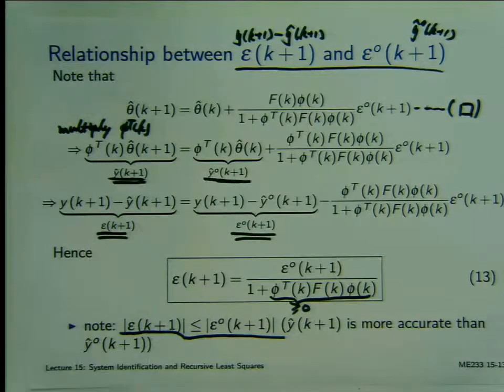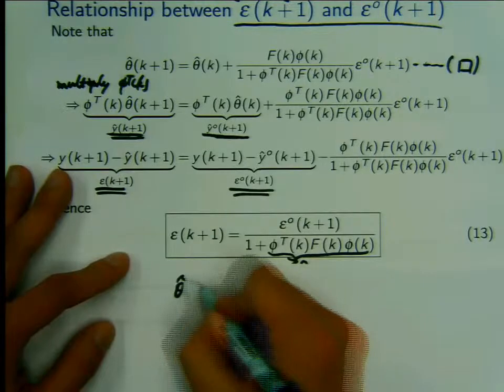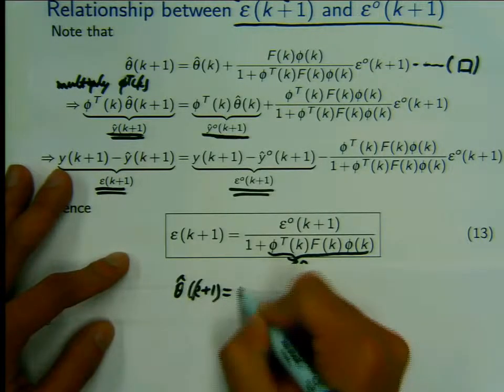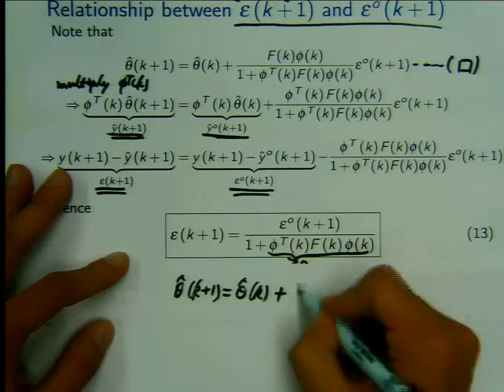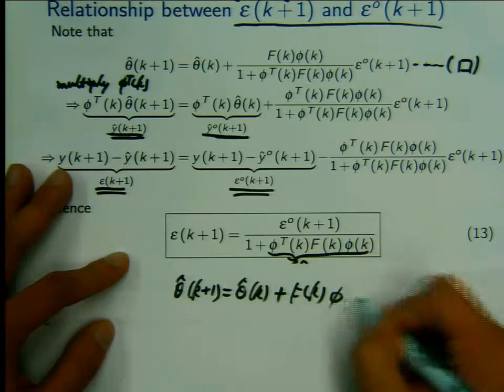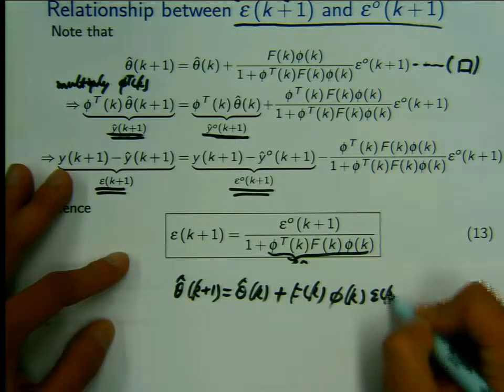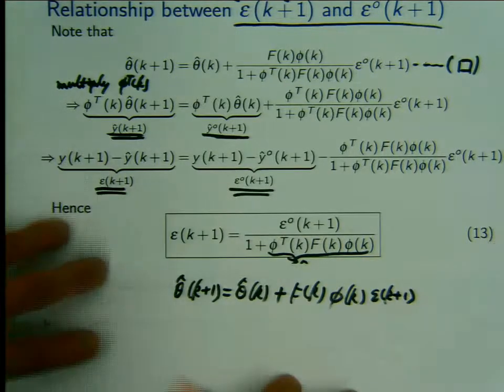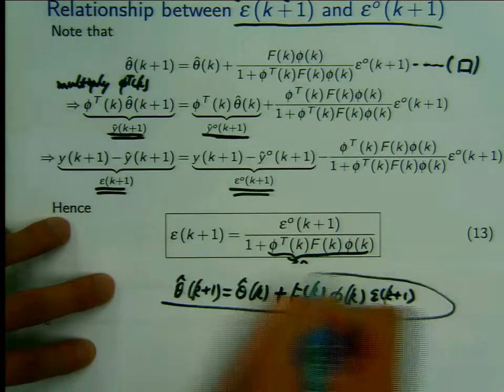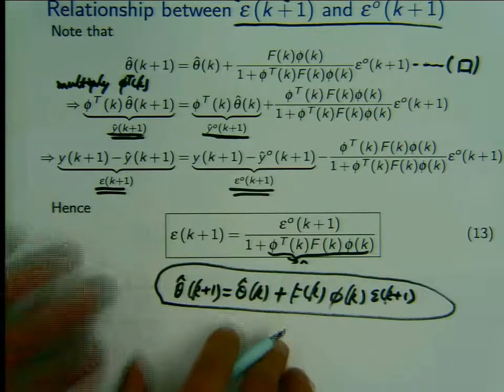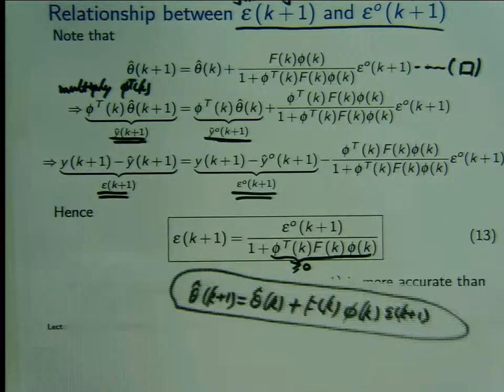So we can simply write the equation box as theta hat k plus 1 equals theta hat k plus fk phi k epsilon k plus 1. This is the a posteriori version of the parameter adaptation algorithm.